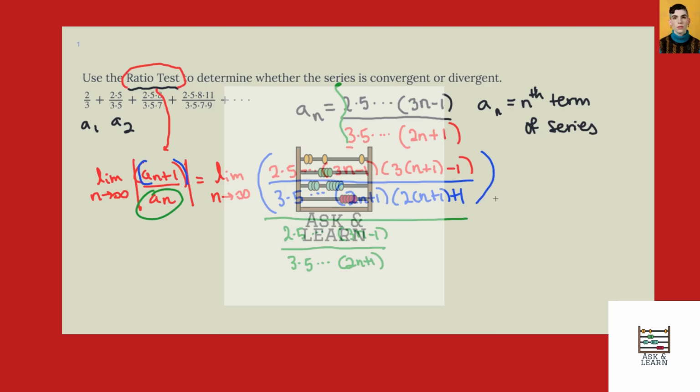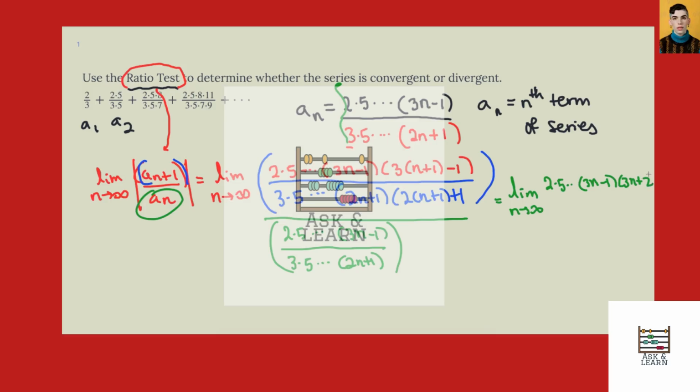And now, as usual, we'll go ahead and take that denominator, flip it upside down, and multiply it. So here, I'm running out of a bit of room, so let's see if we can squeeze this in.